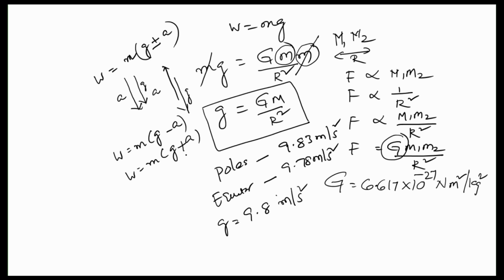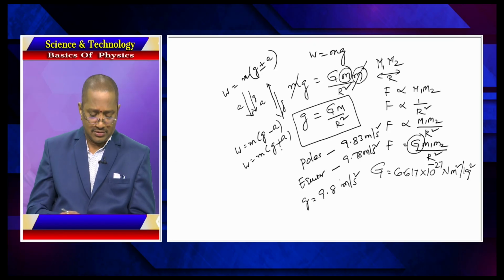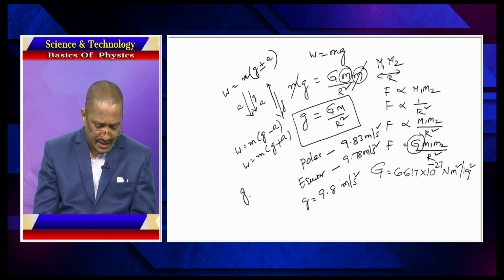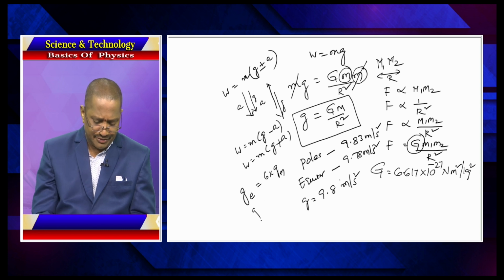As you know about the moon and earth, the acceleration due to gravity at the moon is 1/6 of the acceleration due to gravity on our earth. So g of earth is equal to 6 times g of moon, or g of moon is equal to 1/6 of g of earth.